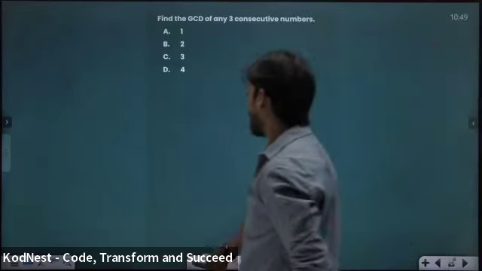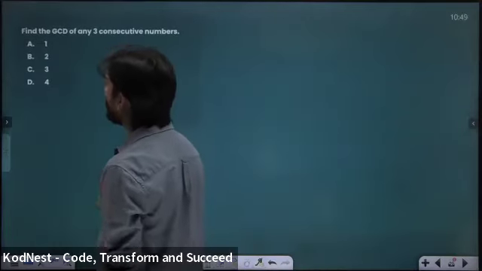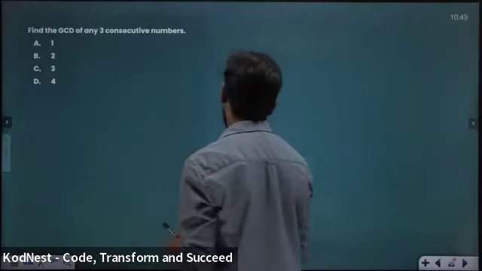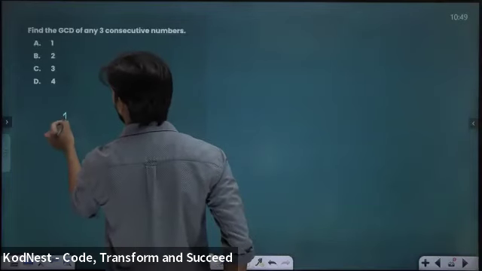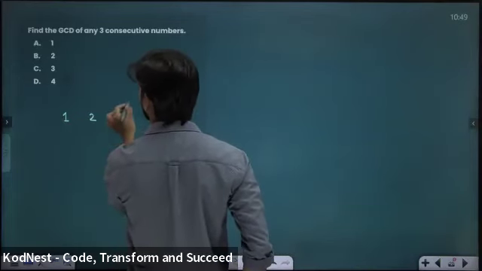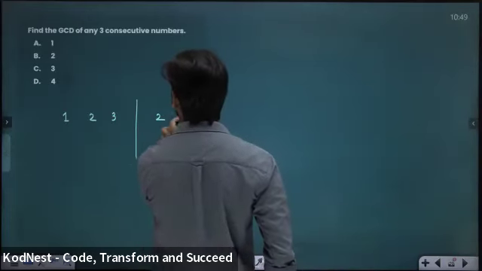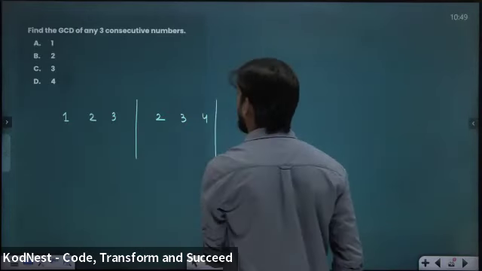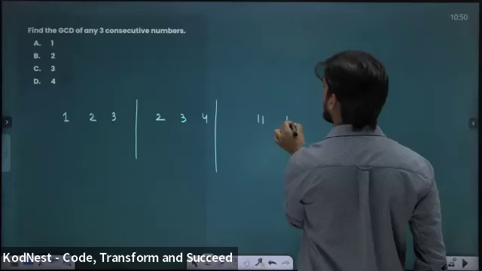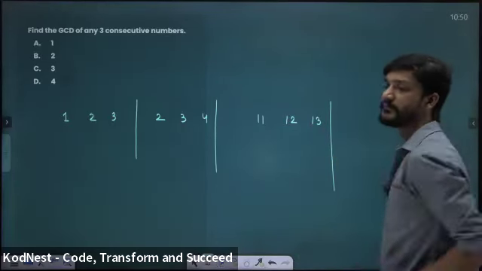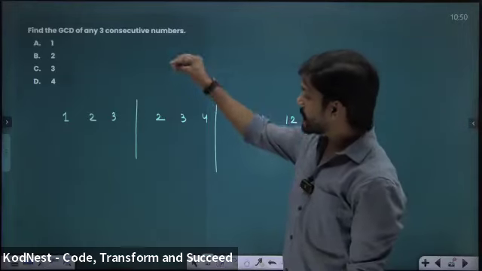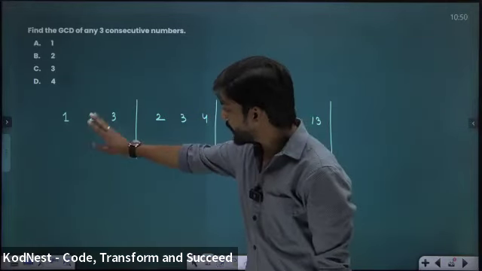So any three. Now which three numbers will you think of? Take any numbers, whichever you want. If I take 1, 2, 3, or if I take 2, 3, 4, or if I take 11, 12, 13, anything you take.